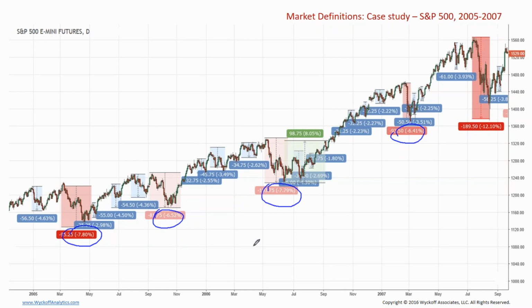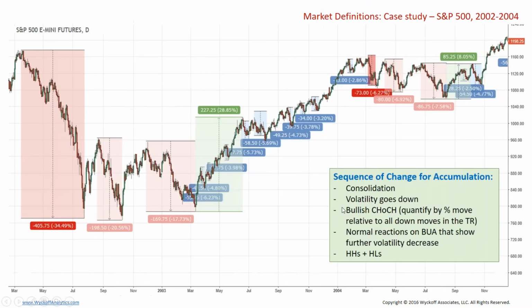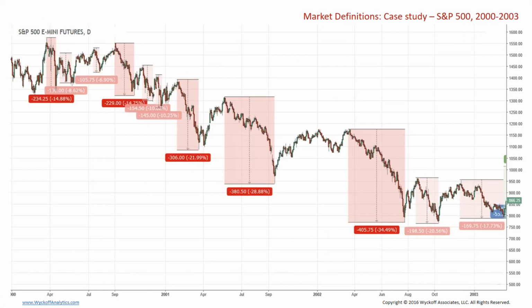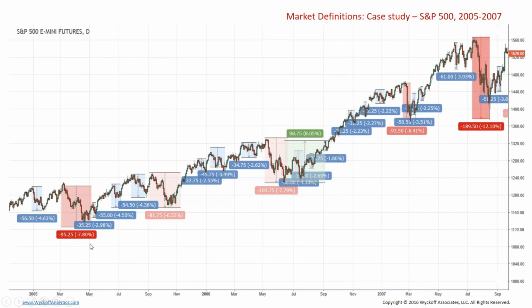We've never seen anything like we saw at the beginning of the bear market, where the reactions are, look at these reactions: minus 15, 8, 7, 15, 10, 10, 21, 28, 34. This is not the type of volatility that we're seeing on the way up, even on the largest reactions in the uptrend.